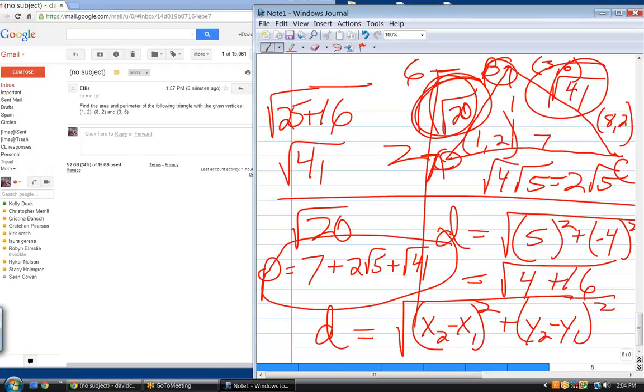But it's very important that you understand that if I convert this to a number, it's an approximation. If I leave it in the radical form, it's precise. We're getting to a point in math where we want to be precise. So I'm going to leave it like that.